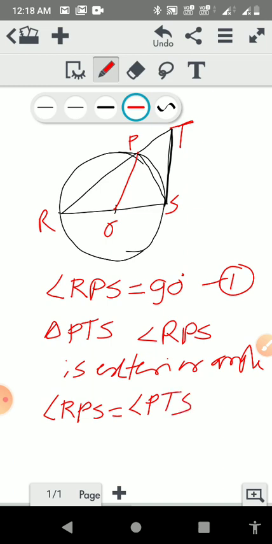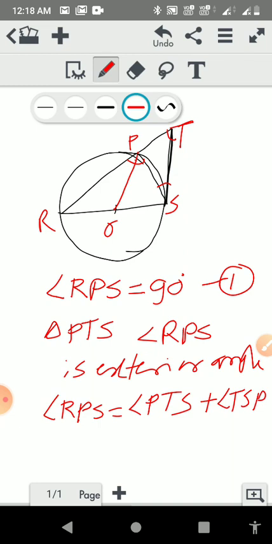while I am writing down this angle, you just have to carefully observe the diagram. I am discussing about angle PTS and angle TSP. So angle RPS equals the addition of these two angles.